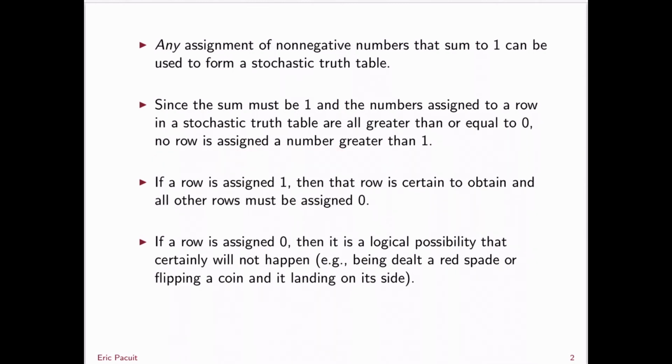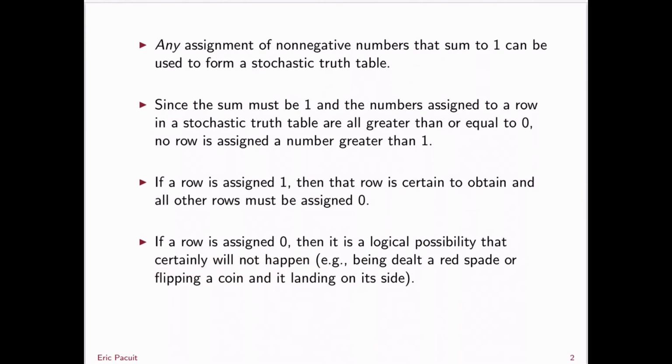That means the numbers assigned to each row must be between 0 and 1. Third, if a row is assigned 1, then that row is certain to obtain, and all other rows must be assigned 0.